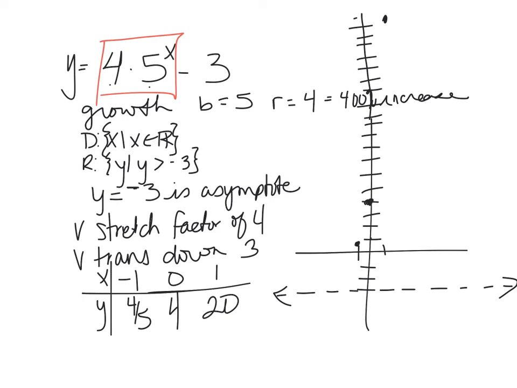And then everything gets moved down 3, so we're at 4/5. 1, 2, 3. This point moves down 3, and this one moves down 3. It's really steep because of the vertical stretch, and it still doesn't touch my asymptote.